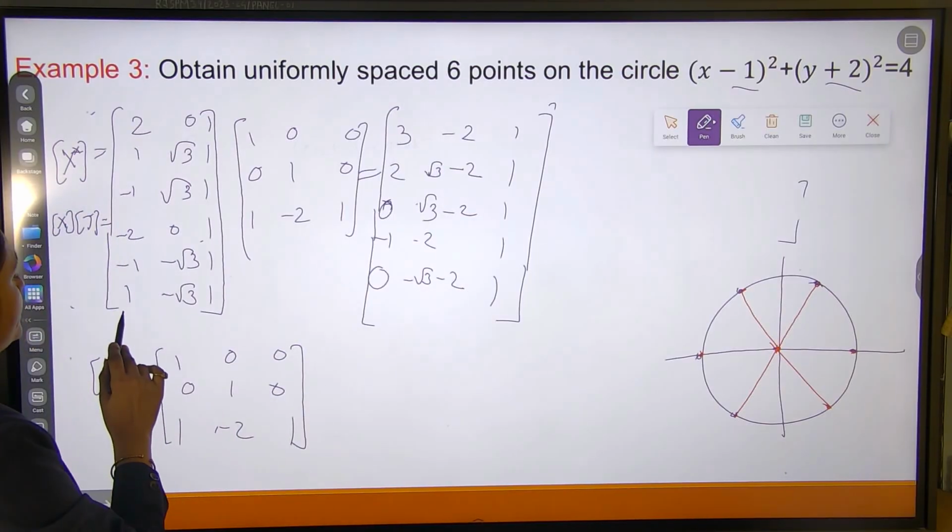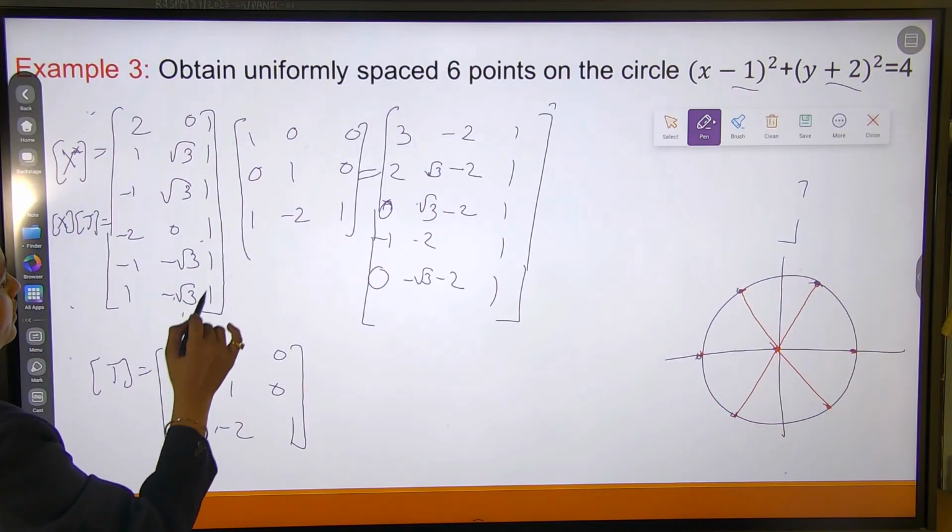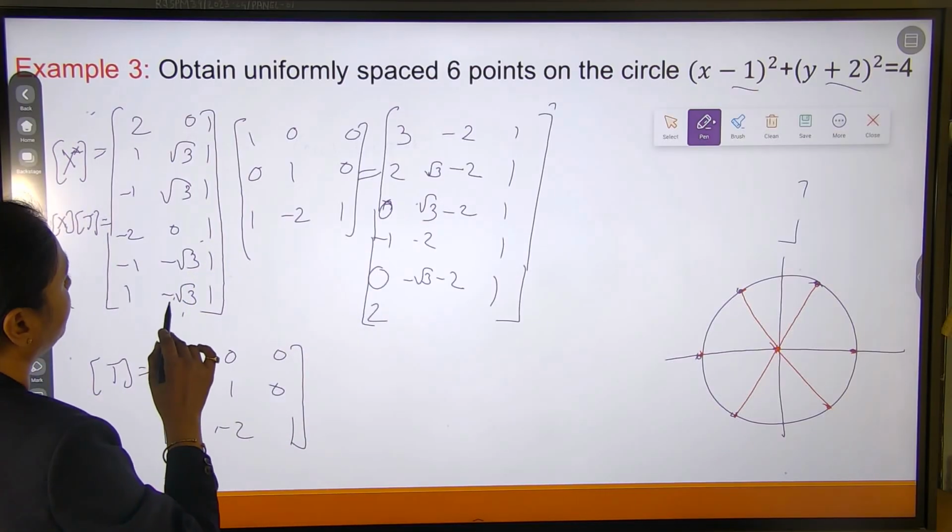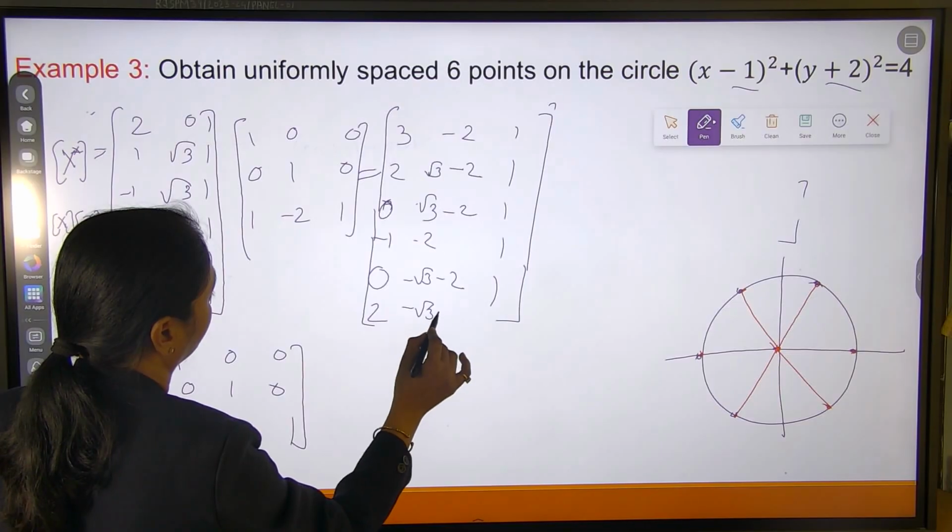And the last point is 1 plus 1 is 2, minus root 3 minus 2, and 1.